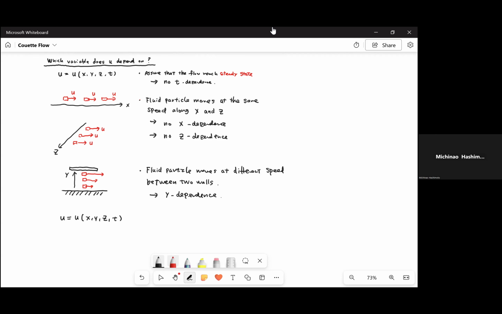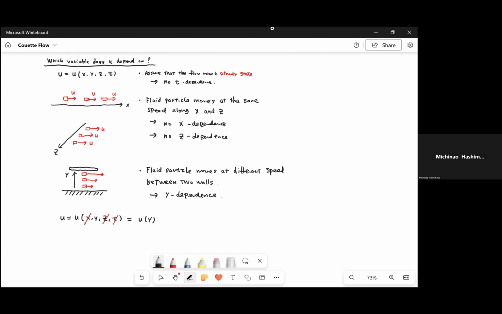However, this argument tells you it does not depend on x. Also, it doesn't depend on z, and it doesn't depend on t if we assume the steady state. So what we have left here is nothing but u of y.